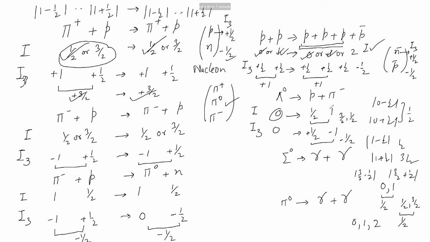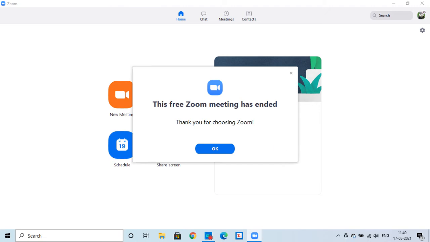That means neither I nor I3 is conserved, and that means this is weak interaction. That was an example of weak interaction.